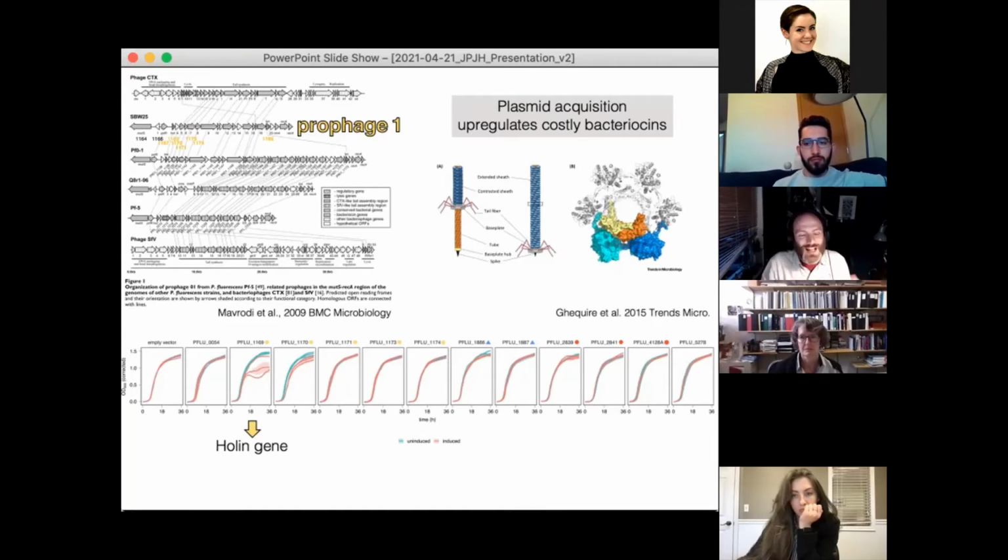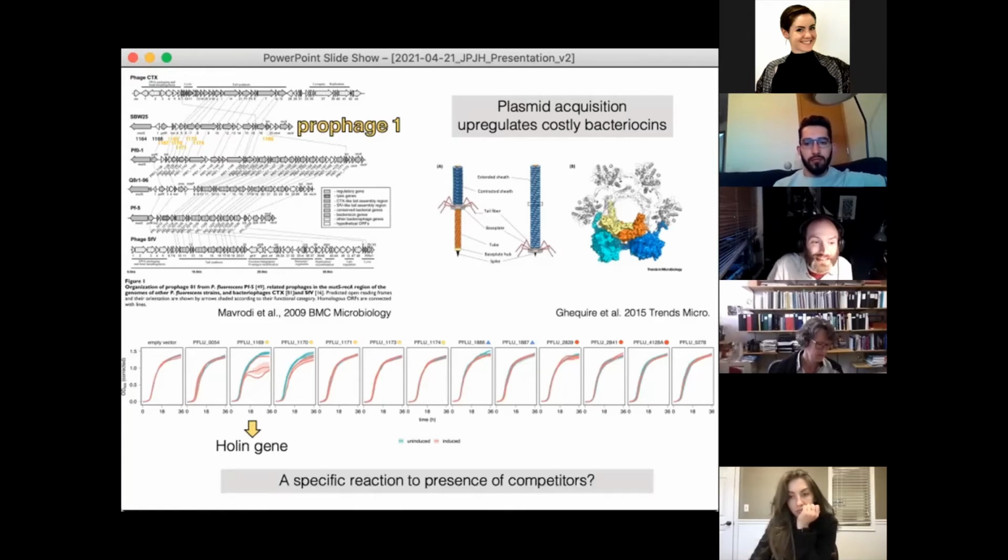That's the kind of evolutionary dynamic that's going on here. Now, the idea that bacteria upregulate these particular systems when they acquire new genetic information is kind of interesting because it suggests that this might actually be a specific reaction to the presence of competitors, such that when they get new genetic information in the form of a plasmid, they release these bacteriocins to kill their competitors.